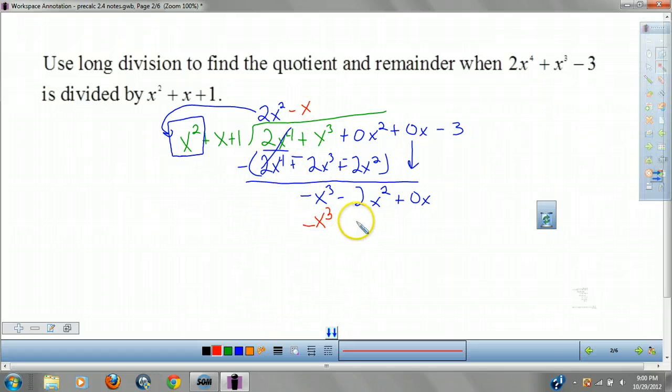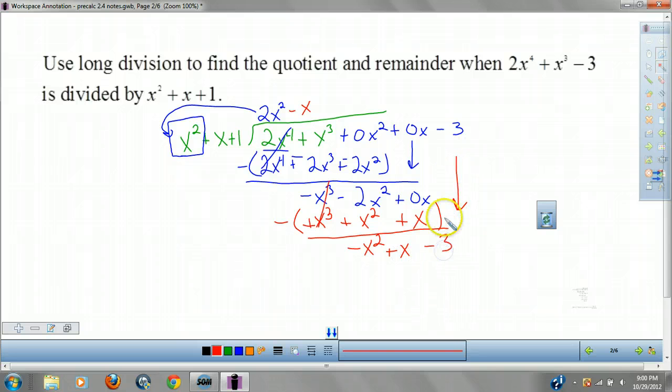Negative x times x squared, or x, is negative x squared. What's negative x times 1? Negative x. Distribute our negative through. All these become positive. Cancel out. Negative x squared plus x. Bring down the next term, minus 3. Almost there, guys.